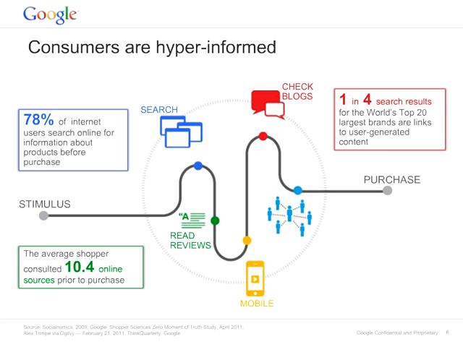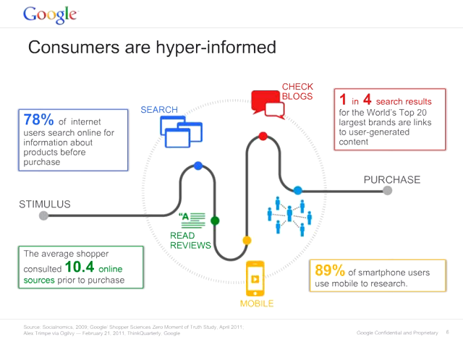And now that consumers have their smartphones or tablets with them nearly everywhere they go, they're conducting research and making purchase decisions on the go. In fact, 89% of smartphone users use their mobile devices for research. Finally, blogs and user review sites now heavily influence consumer behavior, and 1 in 4 search results for the world's top 20 brands are actually links to user-generated content.